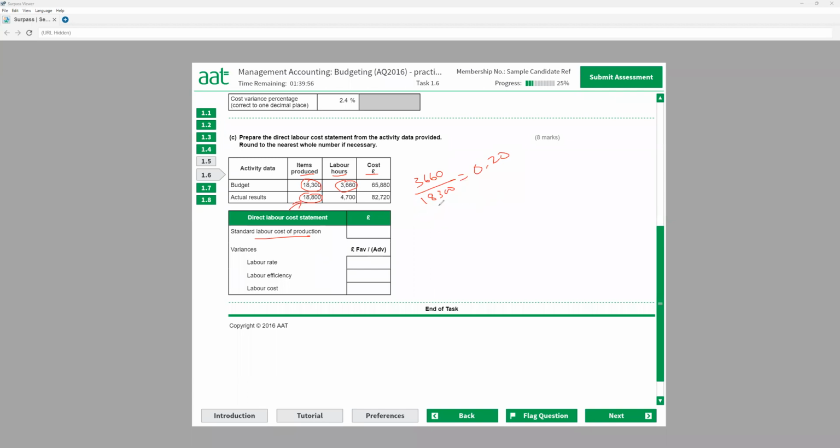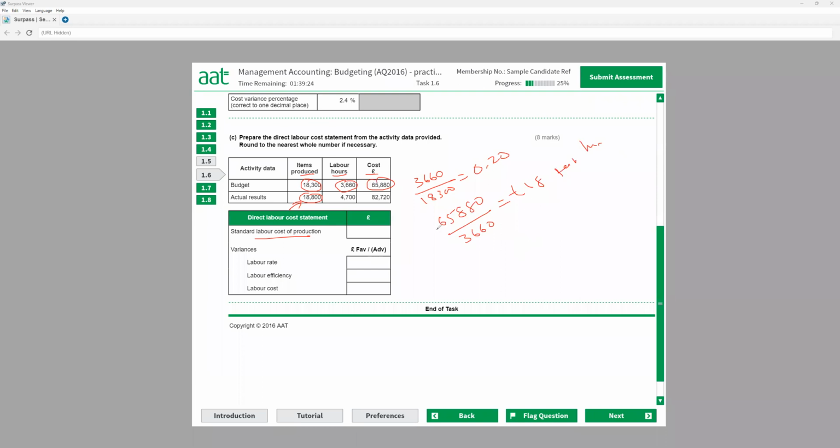And how much is the cost per hour? We need to find that out. So 65,880 is the total cost. 65,880 divided by how many hours? 3,660. So 18 per hour.